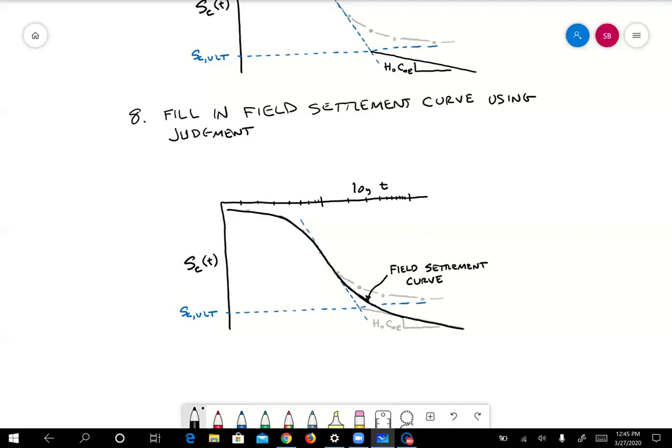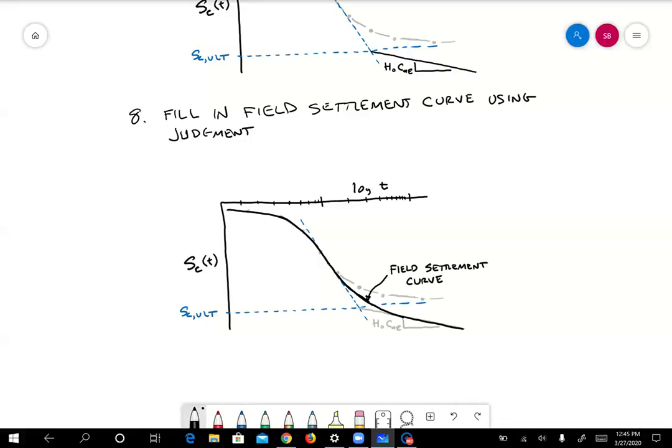And to be consistent with assumption or hypothesis A, our black line should really follow Terzaghi's one-dimensional consolidation solution as long as possible, and then start deviating only when we get down close to the secondary compression region. So I've really closely followed the Terzaghi field curve and then started deviating just right here and then gone asymptotic to a new line that has a slope of H naught times C alpha epsilon instead of going asymptotic to a horizontal line.